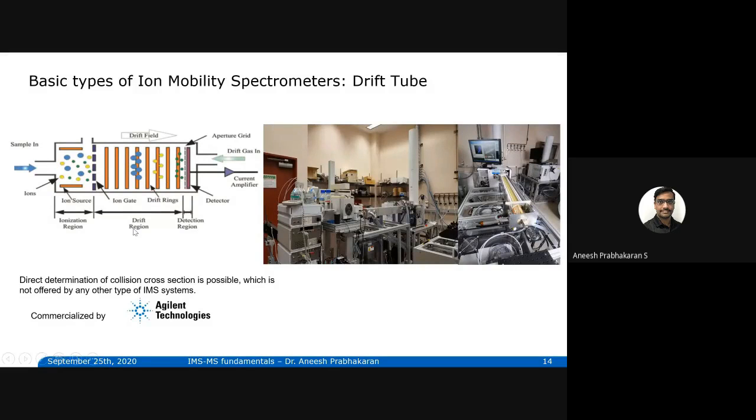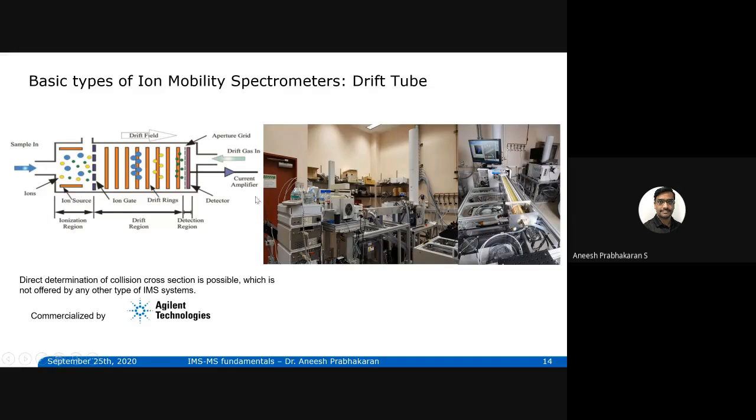This kind of ion mobility spectrometer is commercialized by Agilent Technologies. Basically, this IMS coupled with a mass spectrometer was developed at Pacific Northwest National Laboratory, and then Agilent took the license and continued working on it. Now they are the official vendors of these spectrometers.